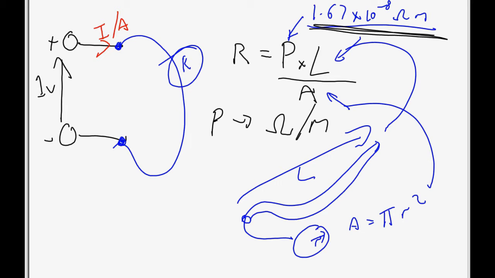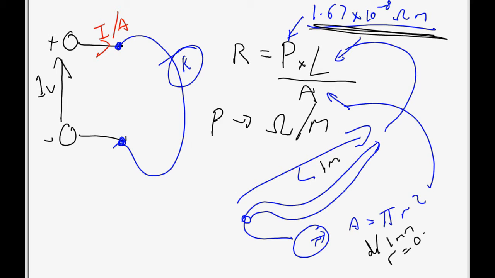So let's plug in all these numbers. Let's say the length of our cable is 1 meter, and the diameter of our conductor is going to be 1 millimeter. So the width, that's our diameter, is equal to 1 millimeter.